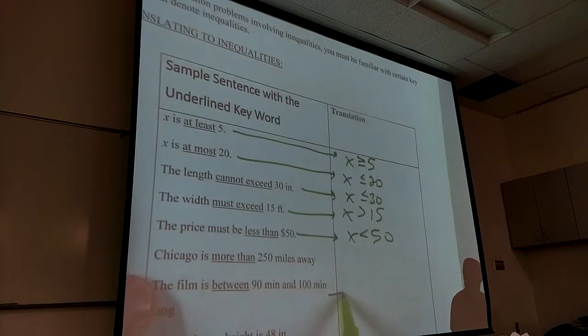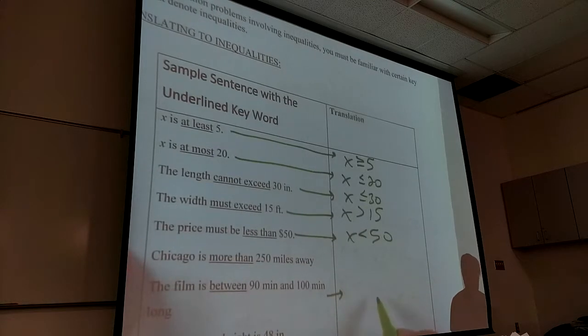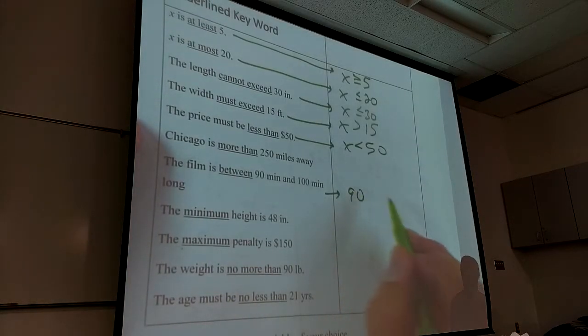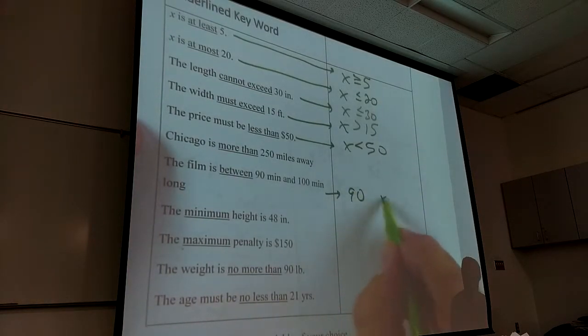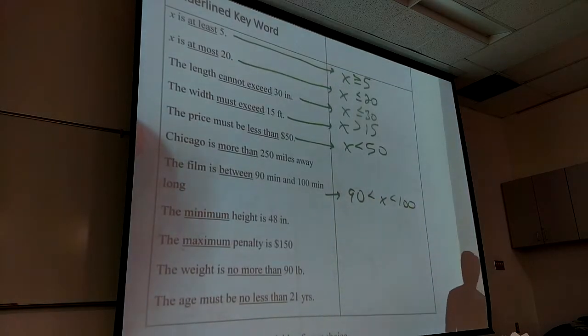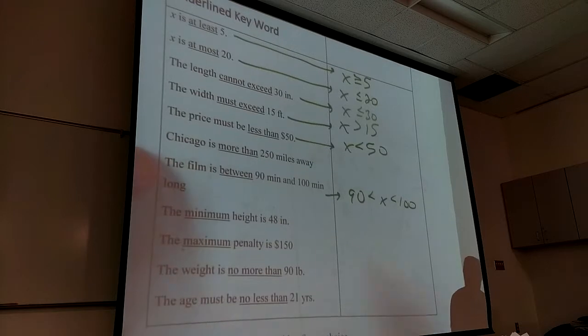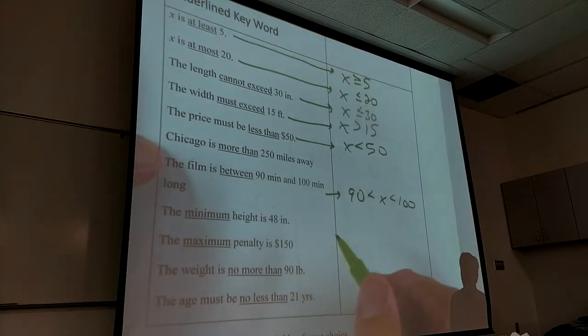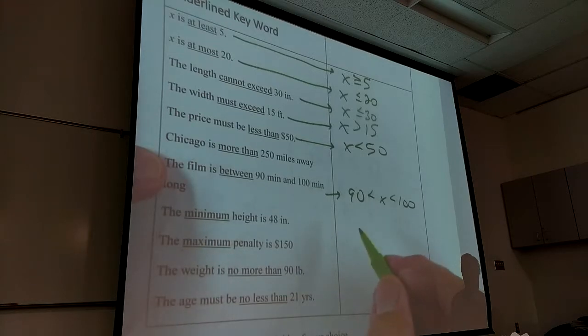How about between 90 and 100 minutes long? Let's talk about the options here. It doesn't specify, so the book is a little wrong. The film is between 90 and 100 minutes long. They don't say if it's exclusive or inclusive.